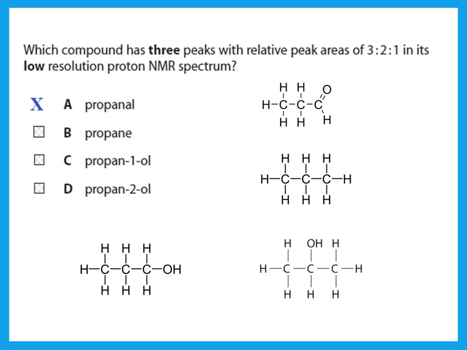Both CH3s on both ends are equivalent, so I will have 1 peak for both CH3s, a peak for the CH that is attached to the OH, and a third peak for the OH. So this will actually give me 3 peaks, but they're not 3 to 2 to 1. They're going to be 6 to 1 to 1. So this ratio is wrong, so this is not the answer.